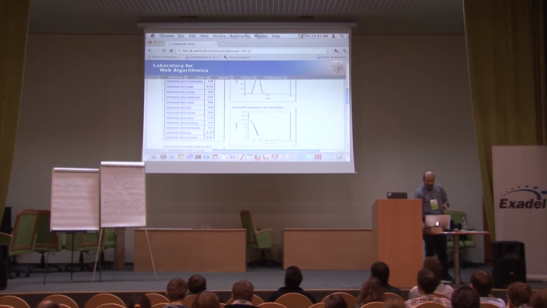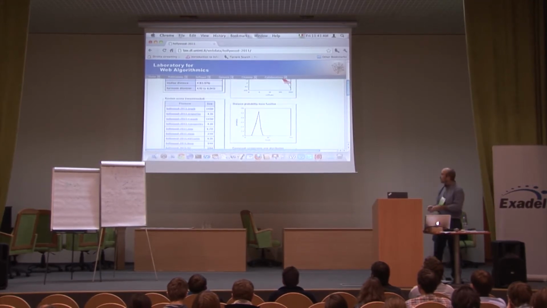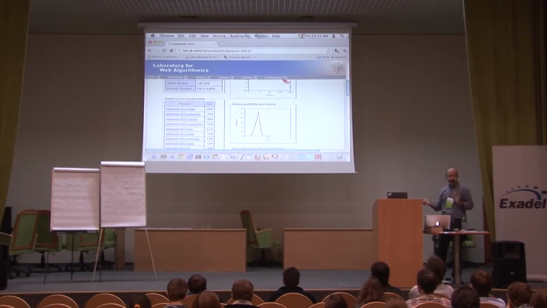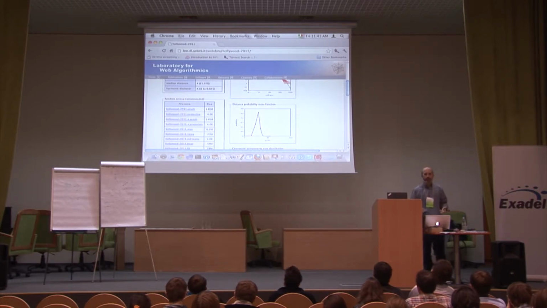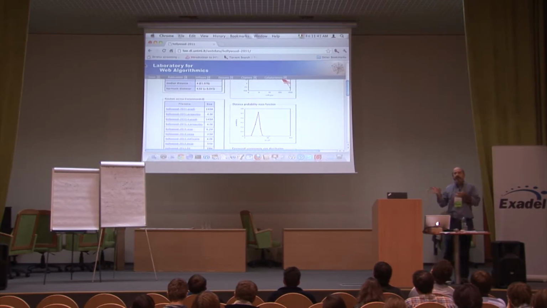But what's more interesting for you is that you can download the graph itself. For most of the datasets, for the ones for which we don't have legal problems, we give away the actual graph, and you can download it. The format of this graph is WebGraph, which is something that I'm going to tell you about this afternoon.